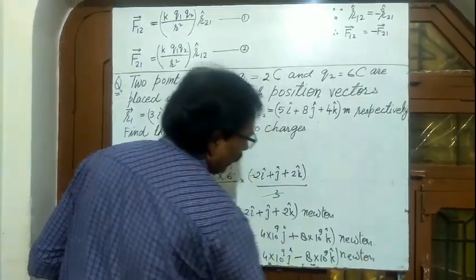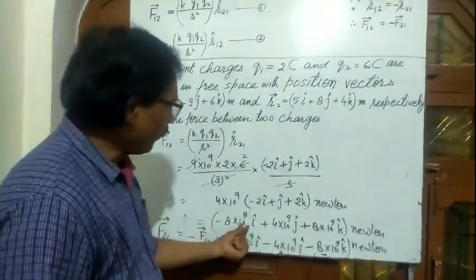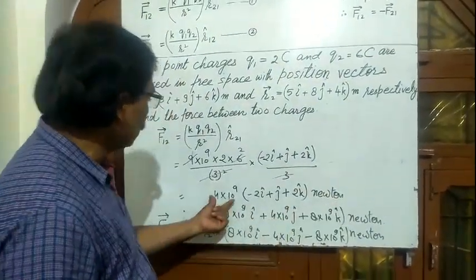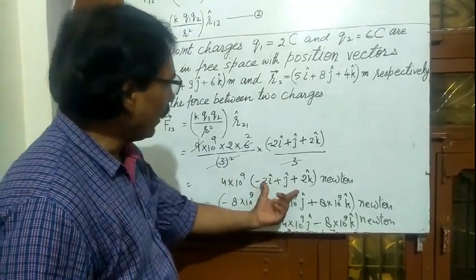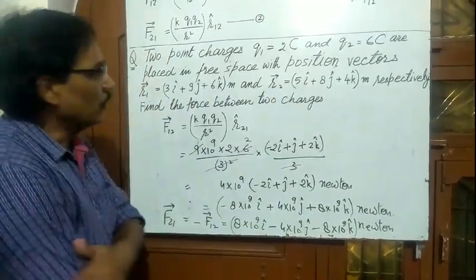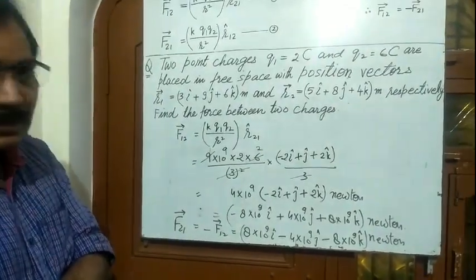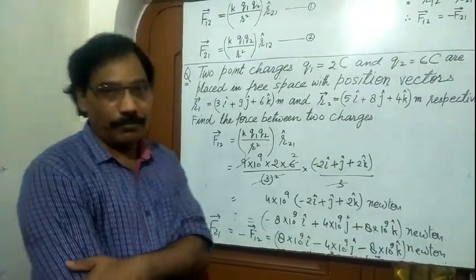Clear? You can write it by taking 4 into 10 power 9 common. So in this way we will solve the numericals based on Coulomb's law in vector form.